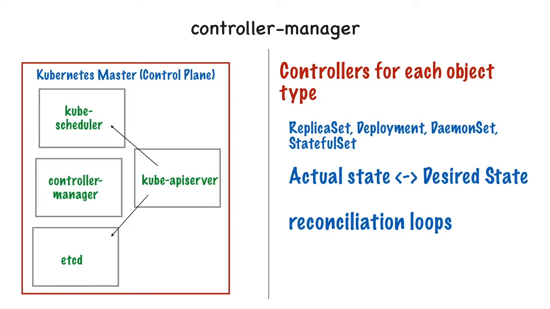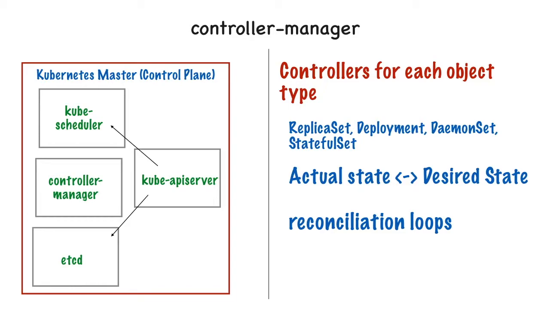So for instance, the controller associated with a replica set might notice that one or more pods have gone down, maybe they've crashed. This means that there is a deviation between the desired number of replicas, which was specified in the replica set specification, and the actual number of replicas of a particular pod.